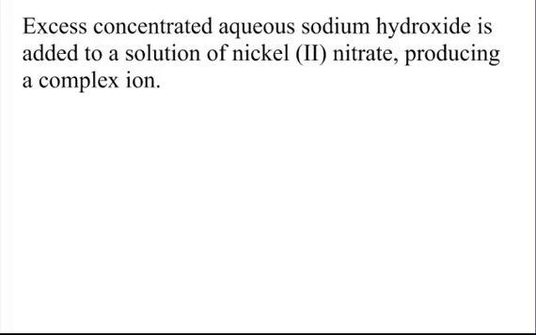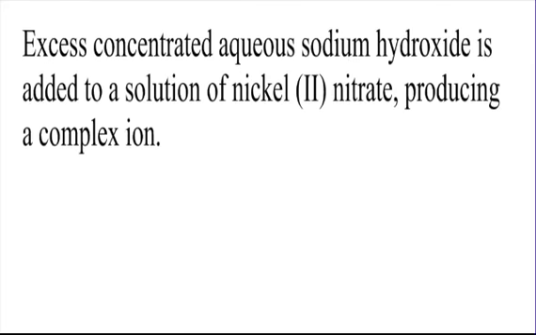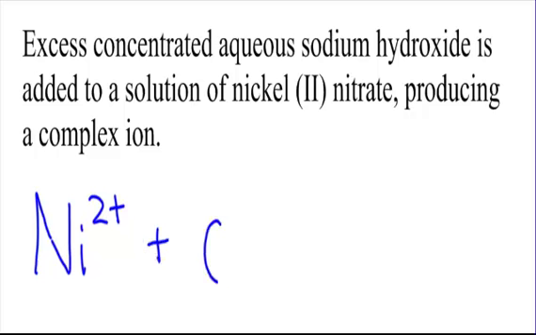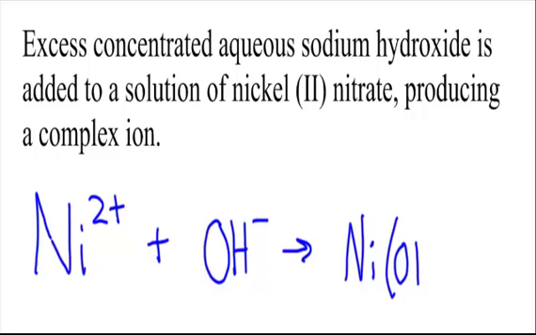Our week 19 chemical reactions are just as simple. We take nickel(II) nitrate, a solution, with excess concentrated sodium hydroxide, and it produces a complex ion. Nickel is plus 2 here, and we add excess hydroxide, OH minus. We get nickel with the hydroxide, in parentheses.